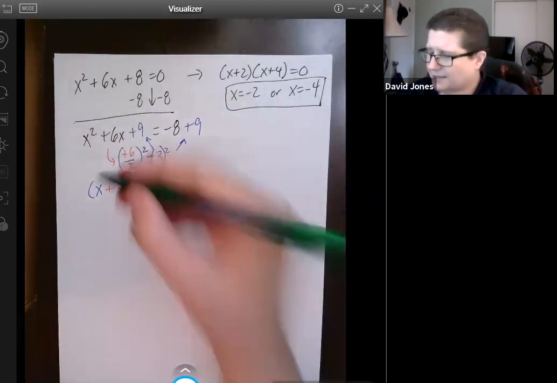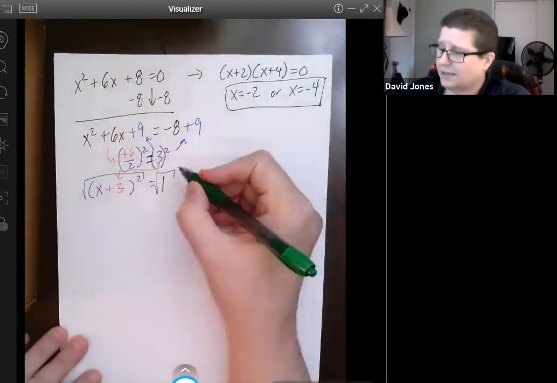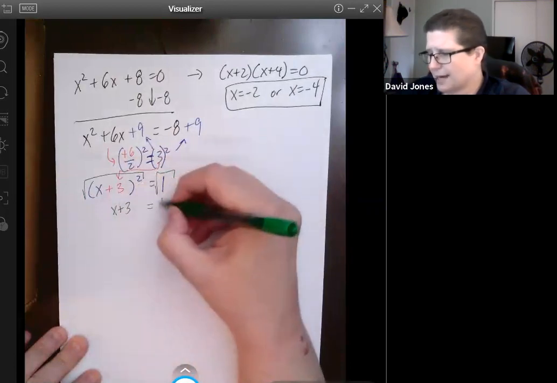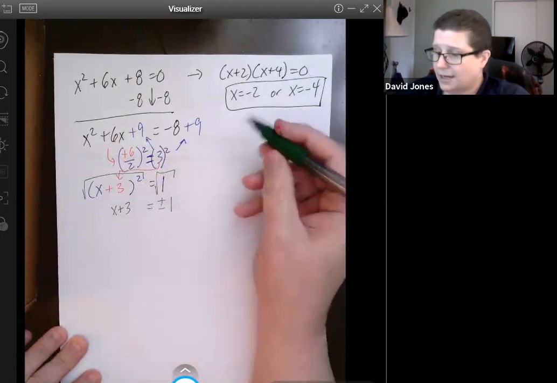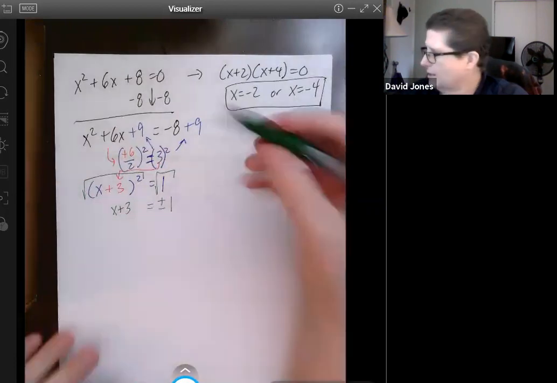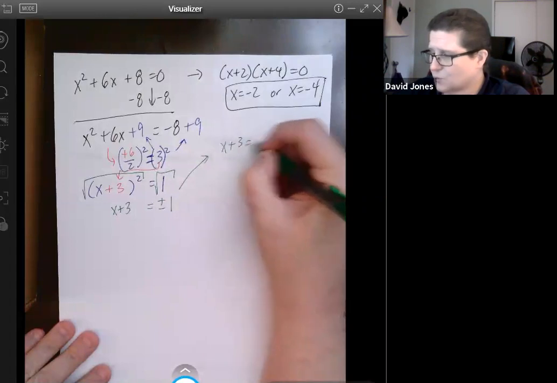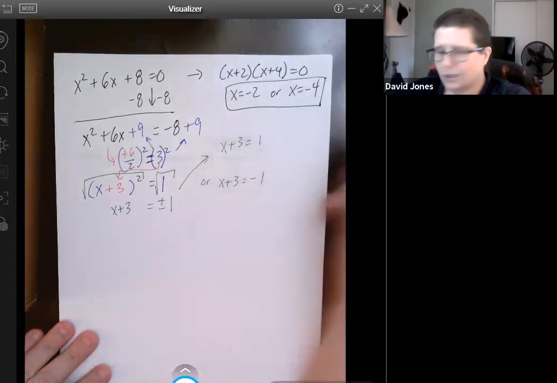I'm going to now take the square root of both sides. If I make the right side equal plus or minus the square root of that, well, plus or minus the square root of 1 is 1. I have x plus 3 equals plus or minus 1. This gives me two answers. x plus 3 equals 1, or x plus 3 equals -1.